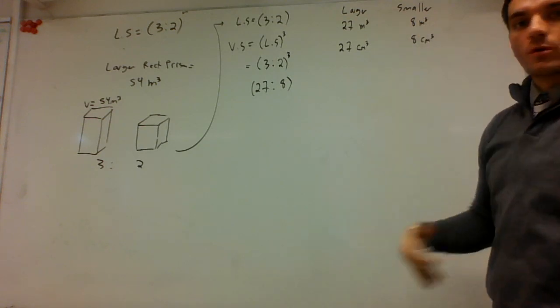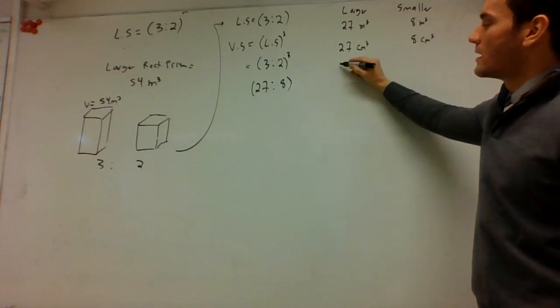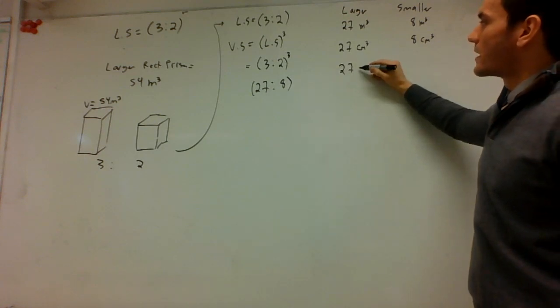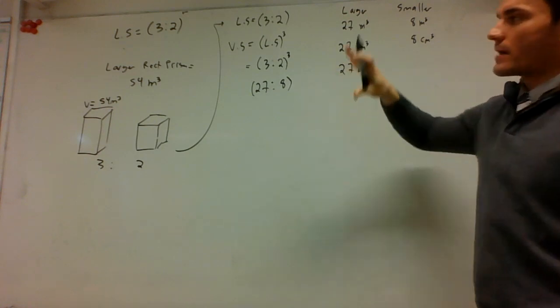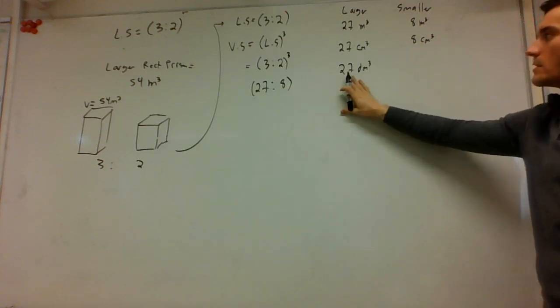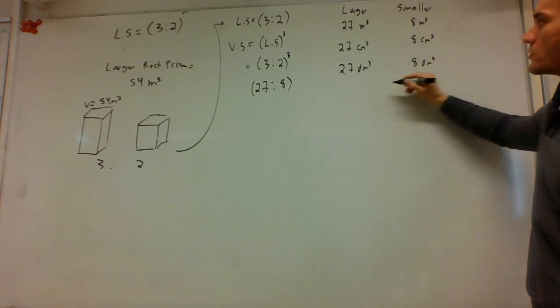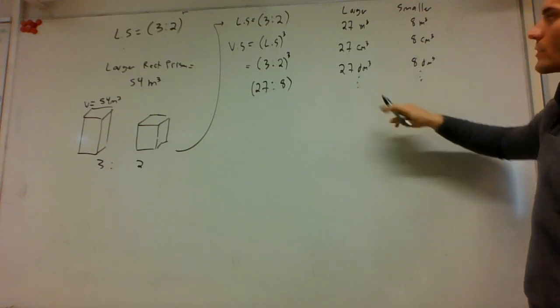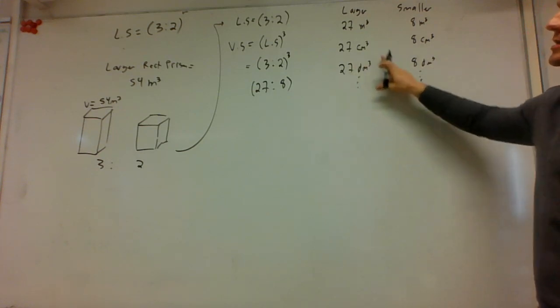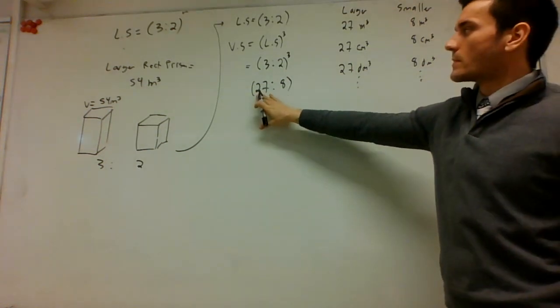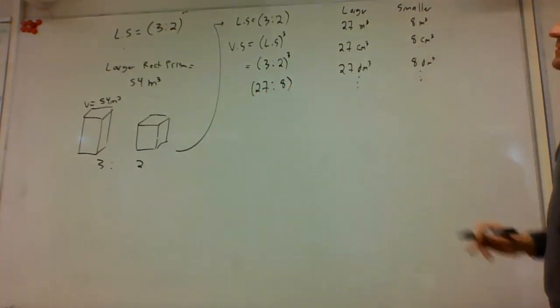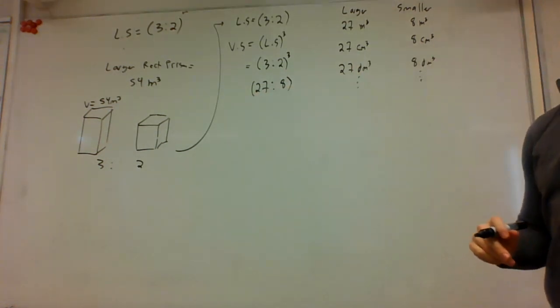If this was 27 decimeters cubed, then the smaller one would only be 8 decimeters cubed, etc. So whatever units are here, however many units of volume I have over here, I have only 8 units of volume in the second rectangular prism.